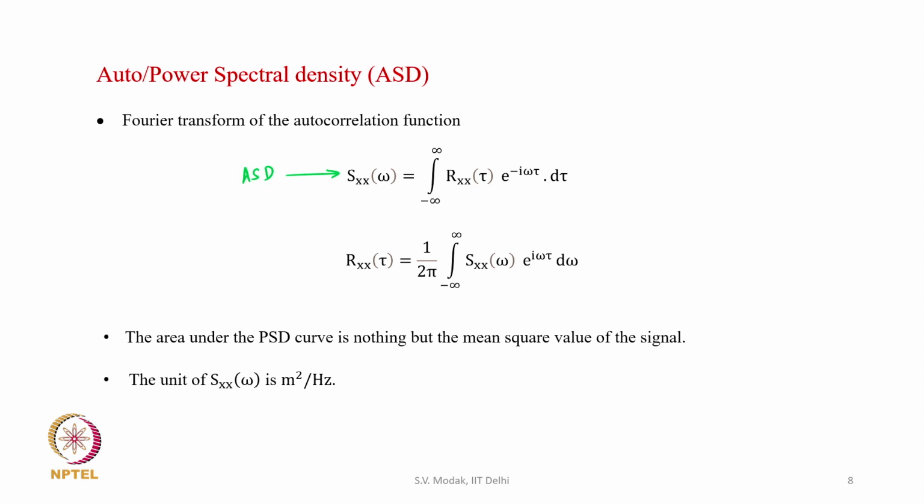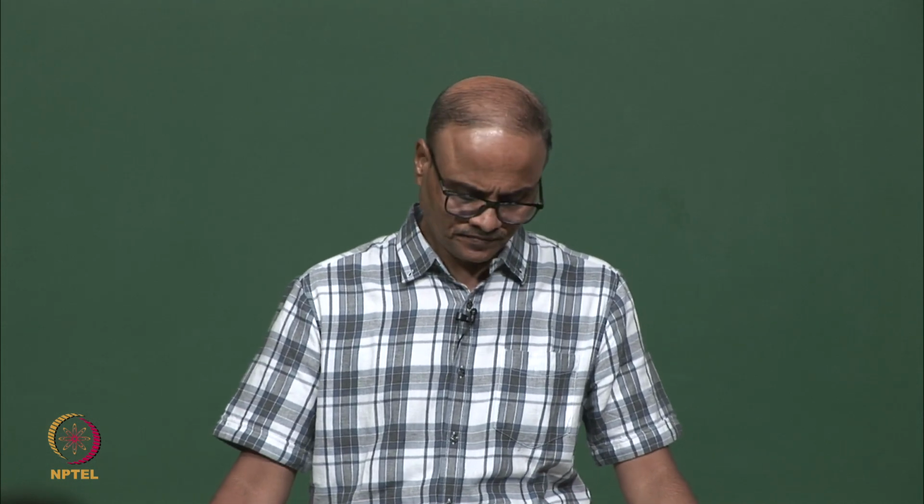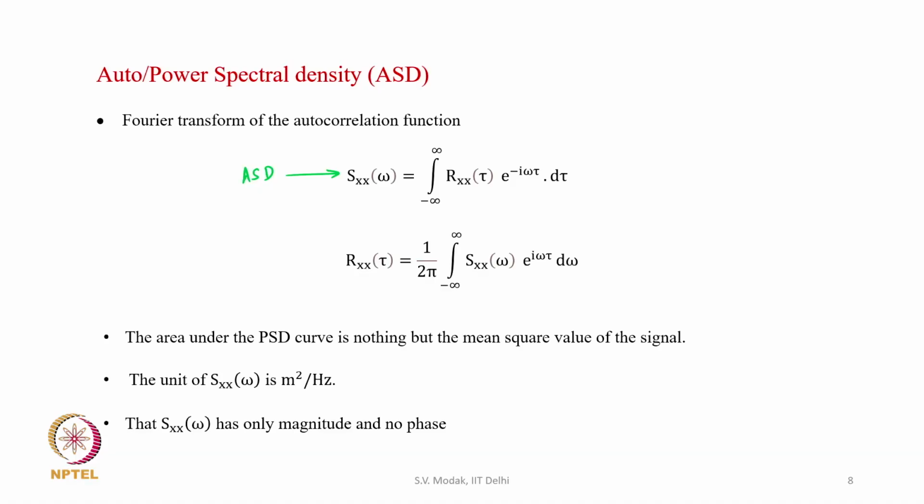So, the autospectral density at a certain value of omega or frequency tells us the power of the signal in a frequency band of 1 hertz around that frequency. It gives the density of the power, that is why it is called power spectral density. Because the autocorrelation function loses the phase information, the autospectral density also has only magnitude, but does not have any phase.